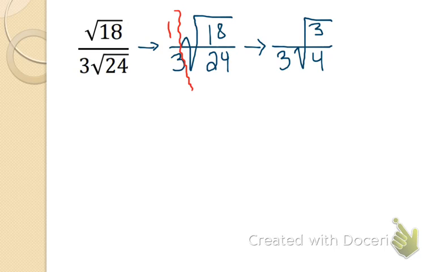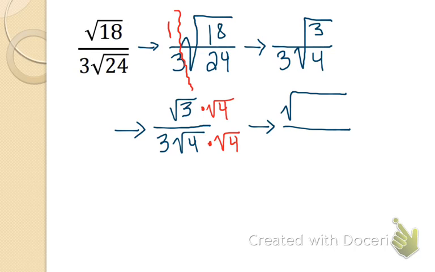Now I'm going to use the quotient property of square roots and detach it. Go back to how it looked originally: square root of 3 on top, with 3 square root of 4 on the bottom. Now, we do not want radicals in the denominator, so this number does not belong there. I'm going to multiply top and bottom, numerator and denominator, by that radical.